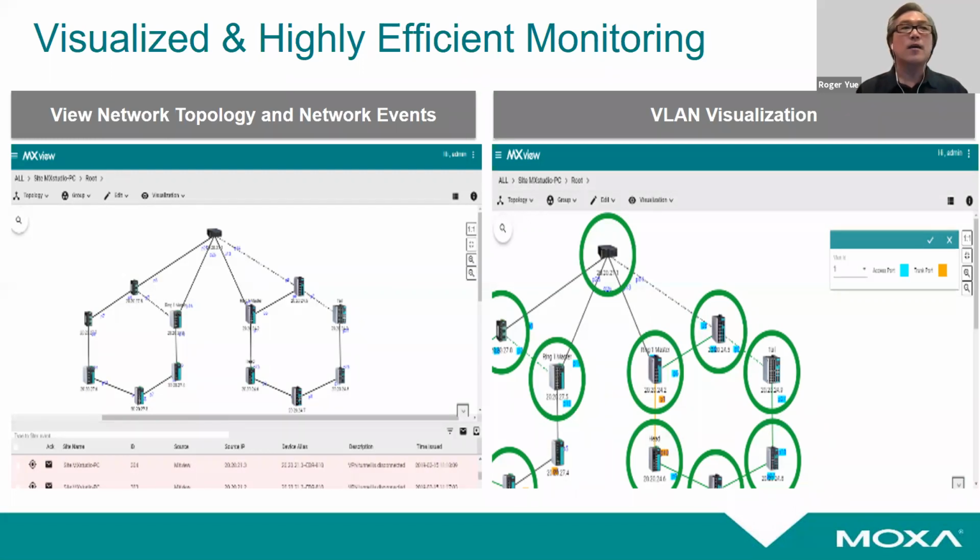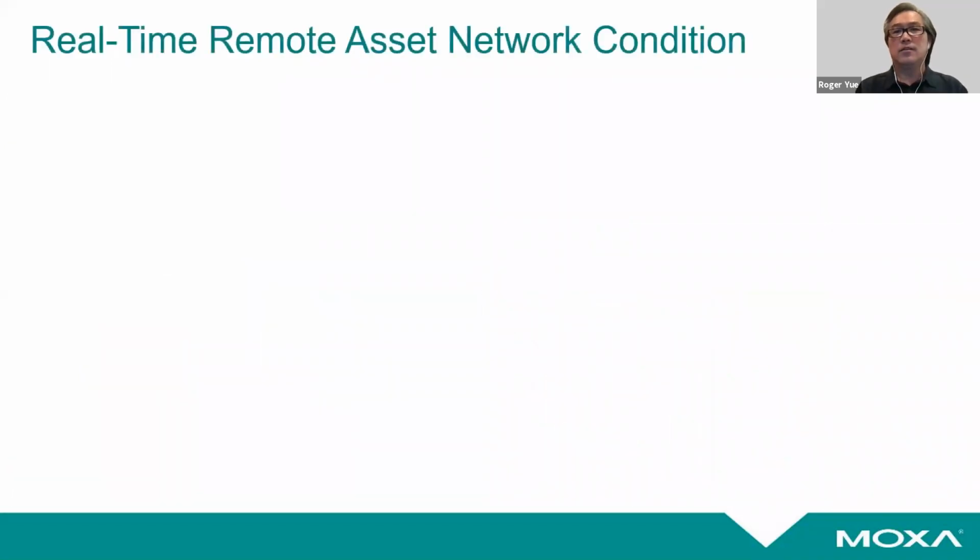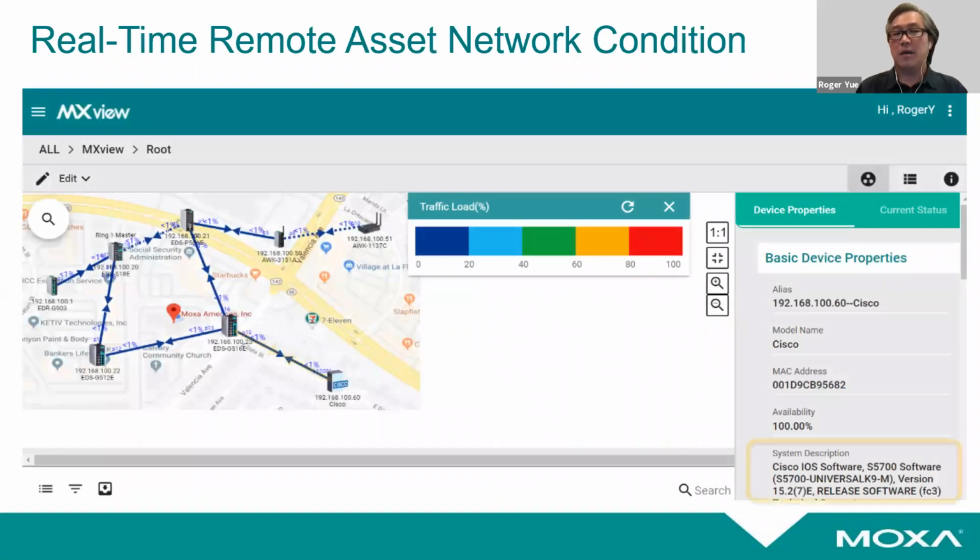On the right-hand side, since you're building a big network outside and upgrading it, but it's a big flat network, you want to segment it and utilize VLANs. So this software can, with one click, show your VLAN condition along with all the bandwidth data condition as well.